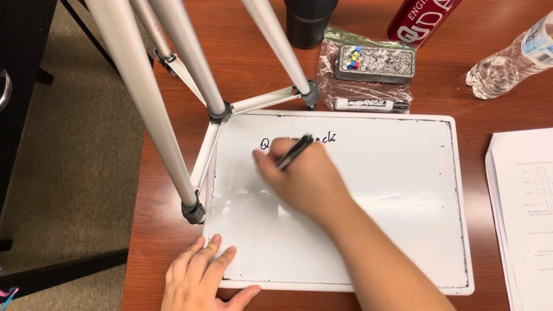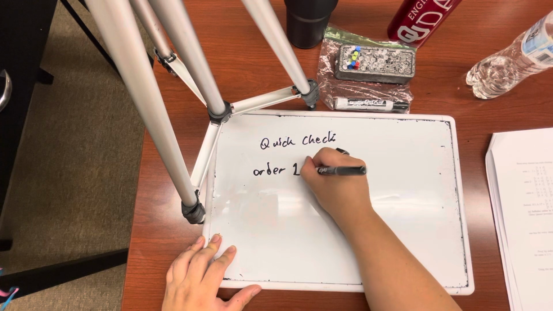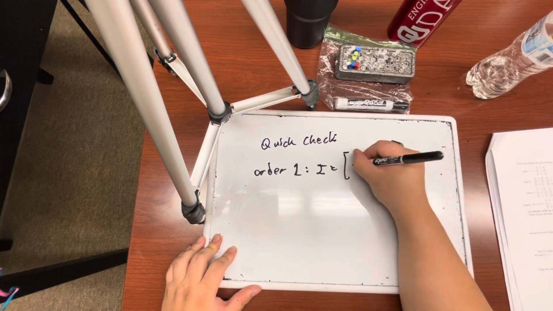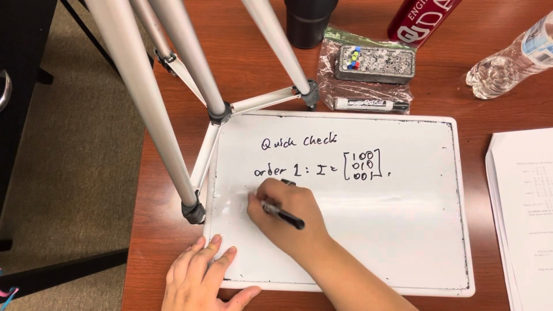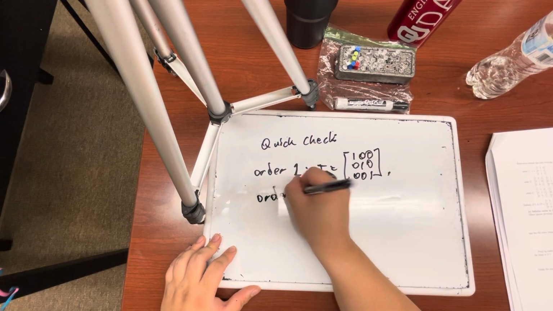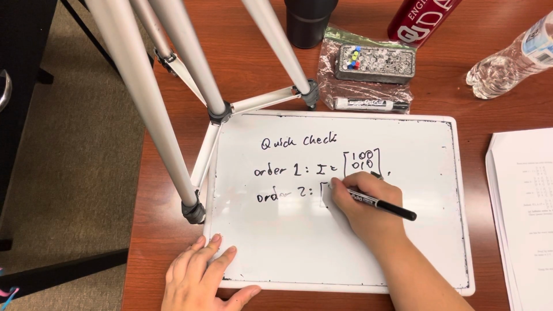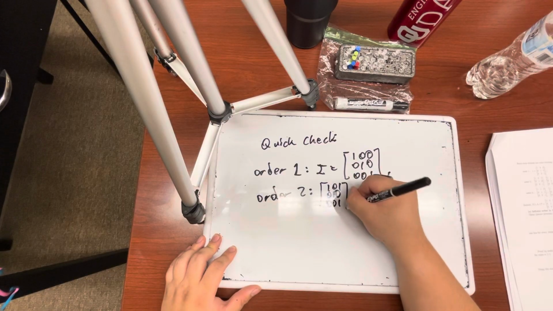So what do we have there? Well, for order 1, we have the identity 1, 0, 0, 0, 1, 0, 0, 0, 1, right? Order 2, we have 1, 0, 1, 0, 1, 0, 0, 0, 1.